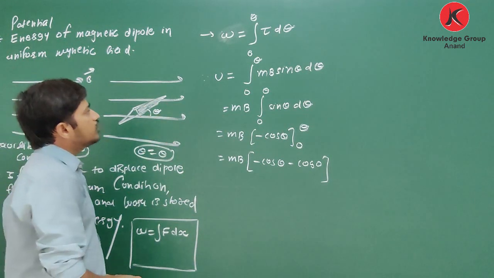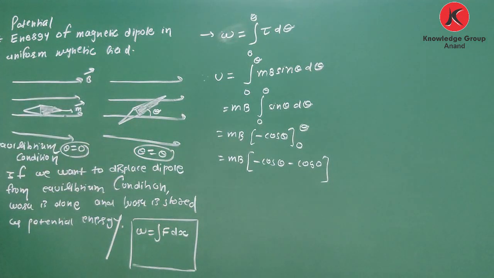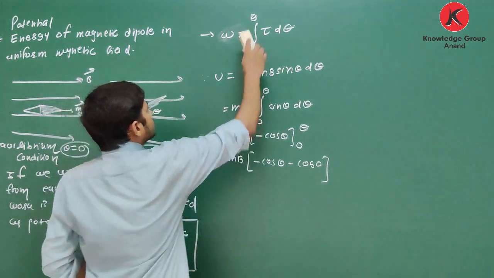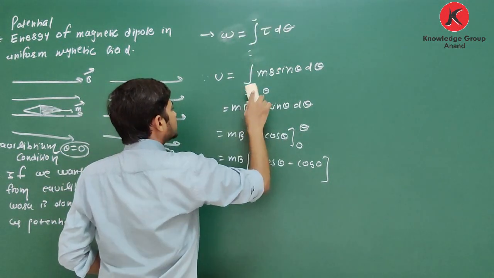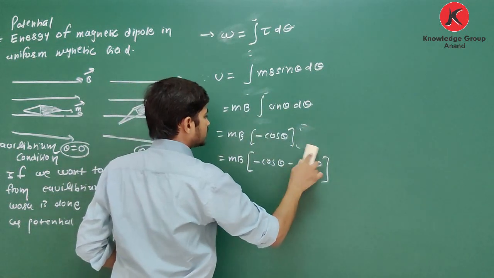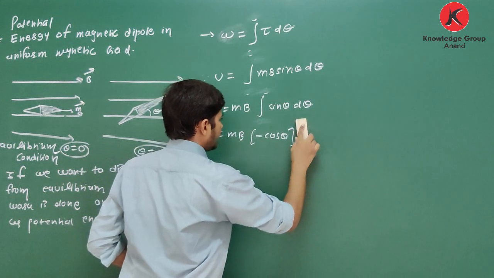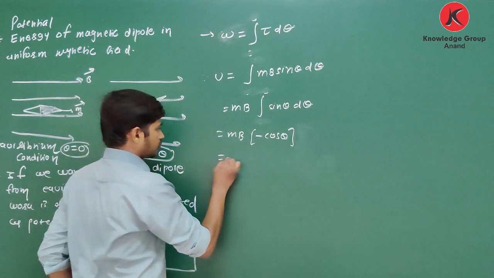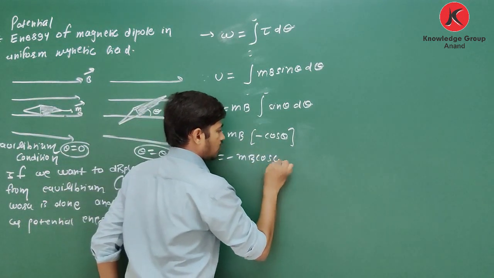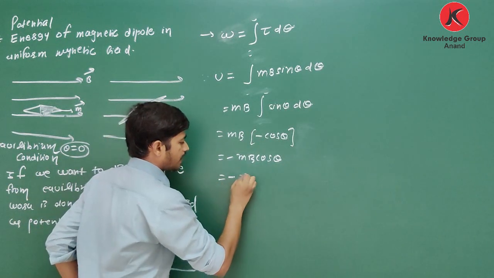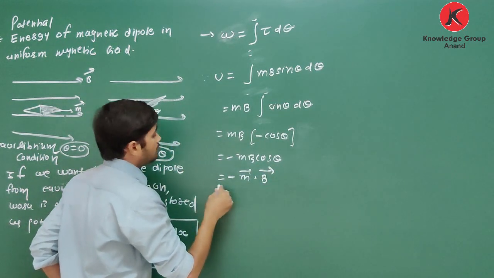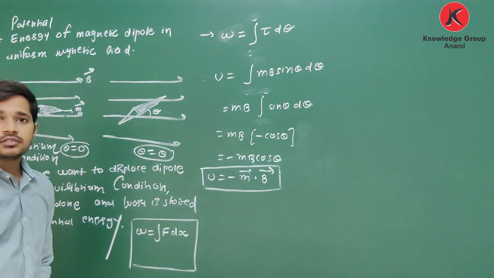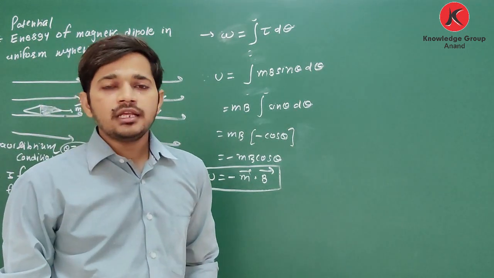Okay. If we do not put the limit, then we will get one general equation. If I do not consider this limit, then I can simply write that W is equal to U, which is equal to minus MB cos theta, which is minus M dot B. U is equal to minus M dot B. Remember the equation of an electric dipole in an electric field.